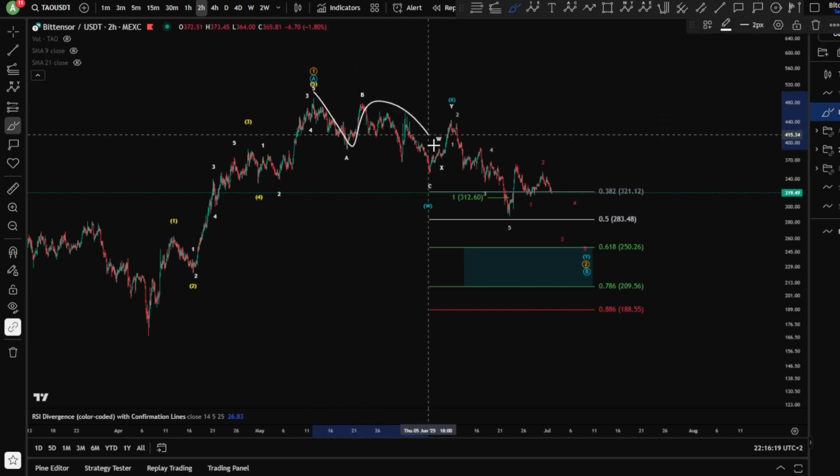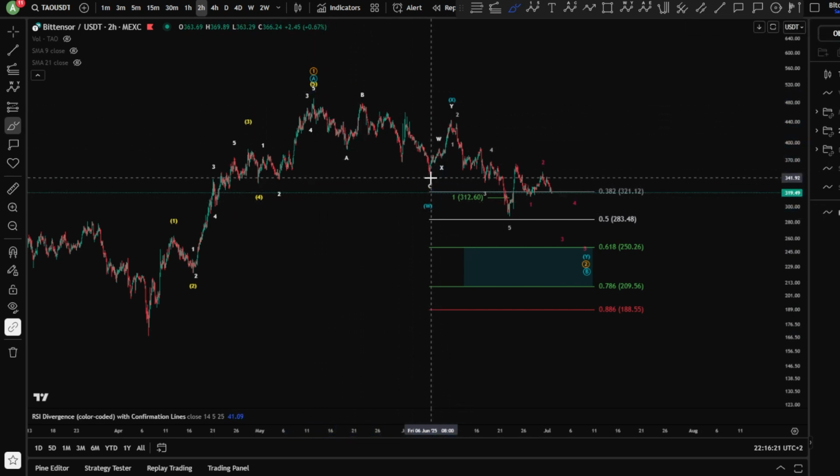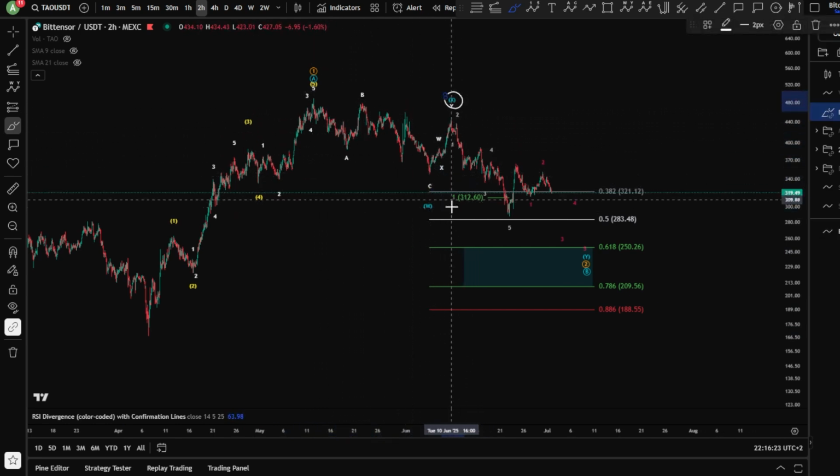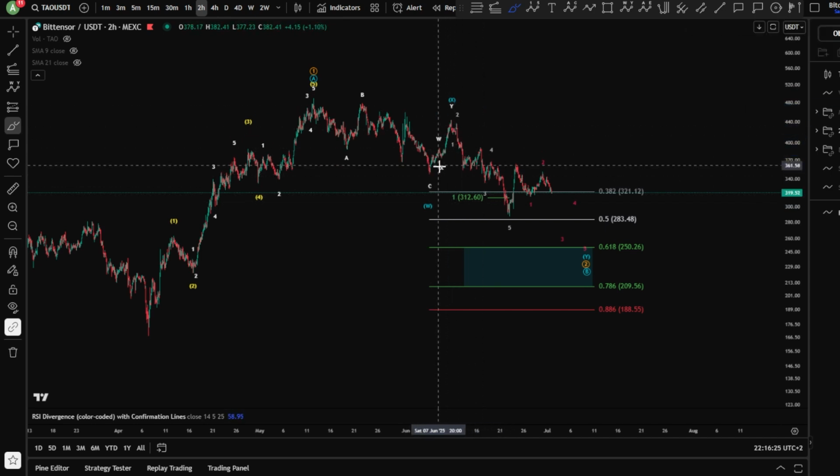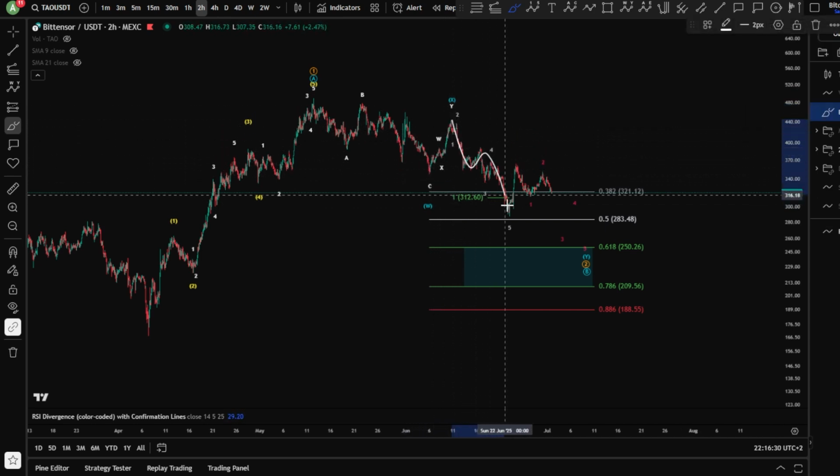We are still, of course, in an ABC potentially finishing wave W. You have WX and a Y for an X again, or it can be even ABC, but higher potential WX and a Y, and therefore continuation toward the downside.